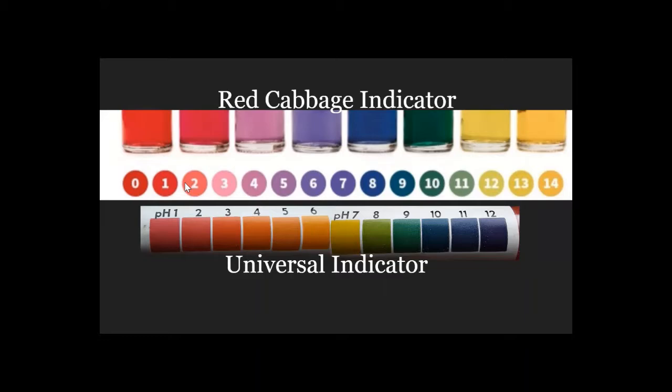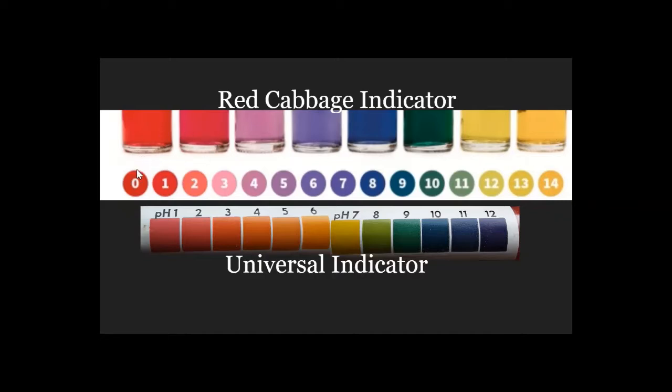But we can have that same range of colors with the red cabbage indicator. It's just that the colors are different because red cabbage is not designed to be a perfect indicator. It just happens to have a lot of chemicals that change with pH.